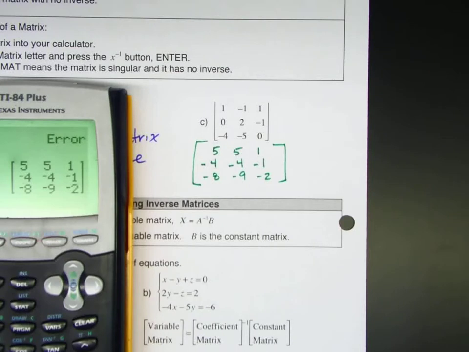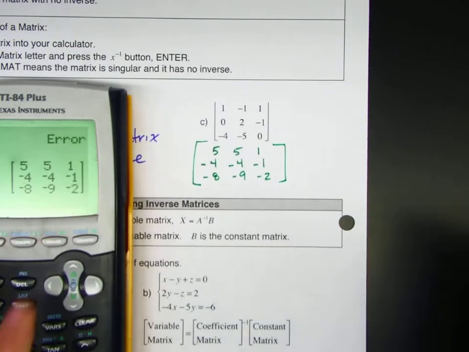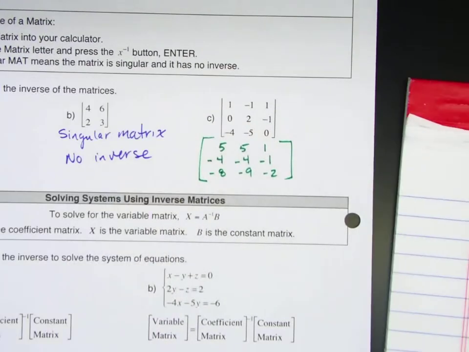All right, any questions about finding the inverse? Not so bad, right?